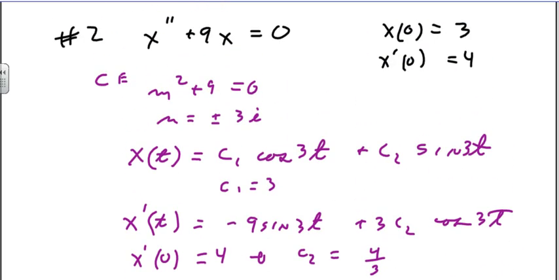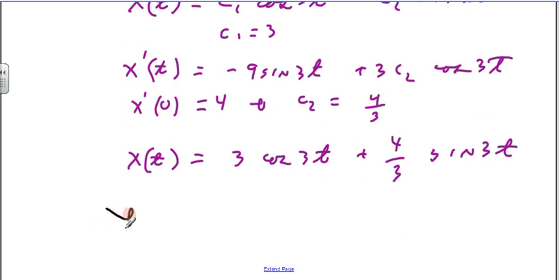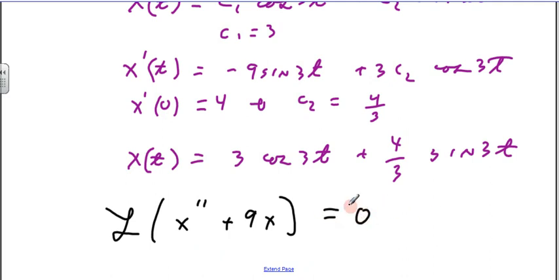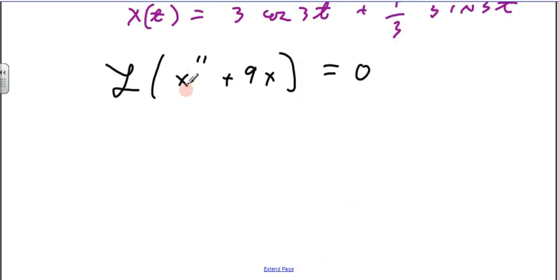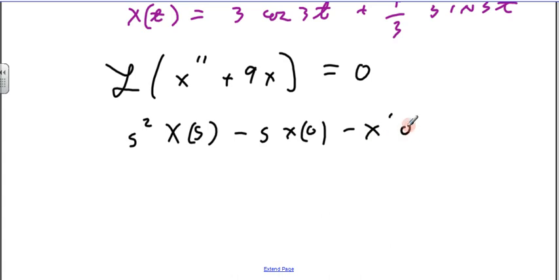So that's the whole point. So now we're going to say the Laplace transform of x double prime plus 9x is equal to 0. Laplace transform of 0 is 0, so that's kind of cool. So I'm going to have s squared X(s) minus s x at 0 minus x prime at 0 plus 9 X(s) has to be 0.